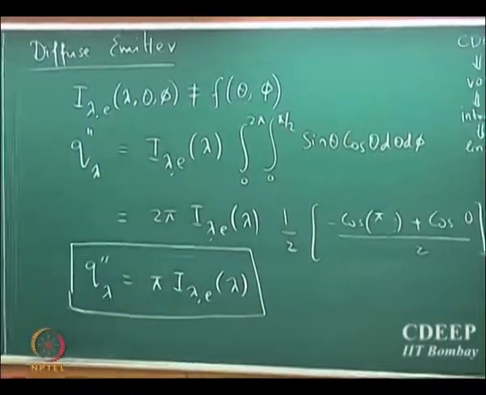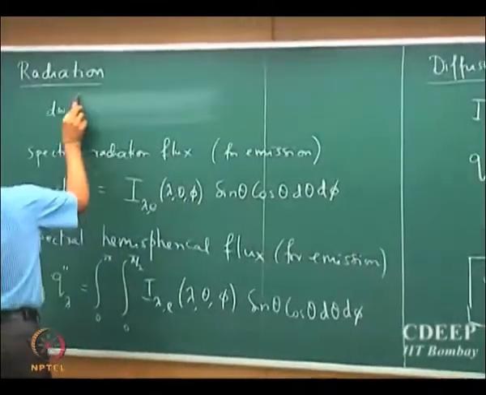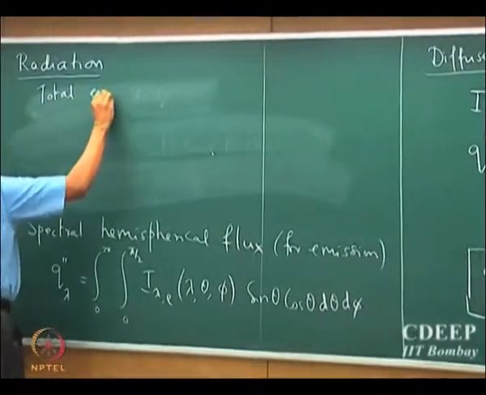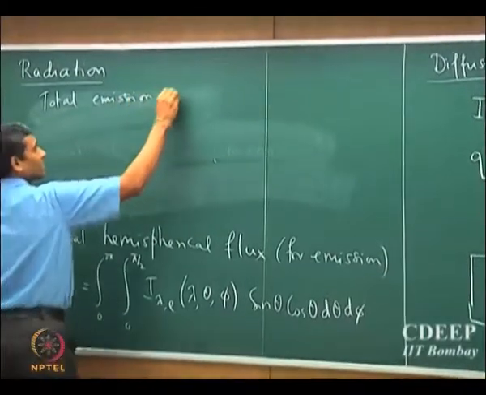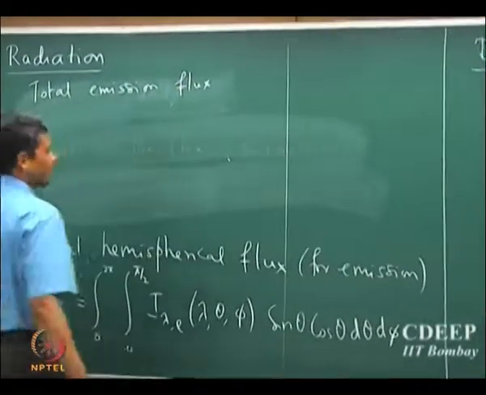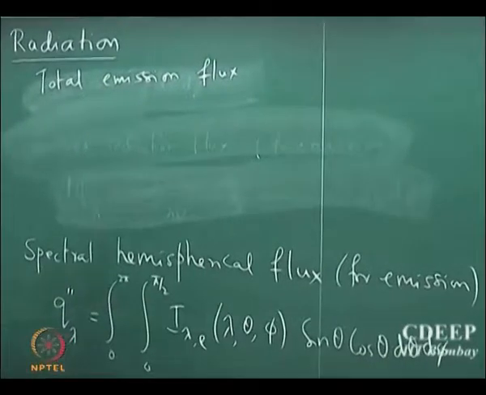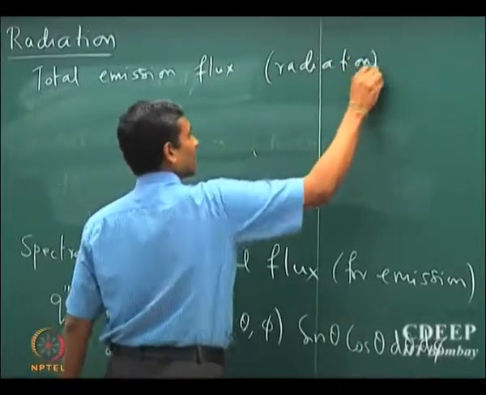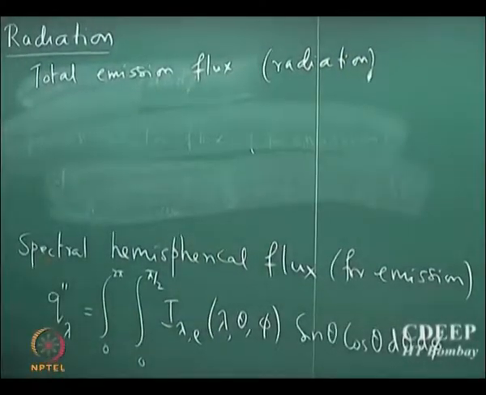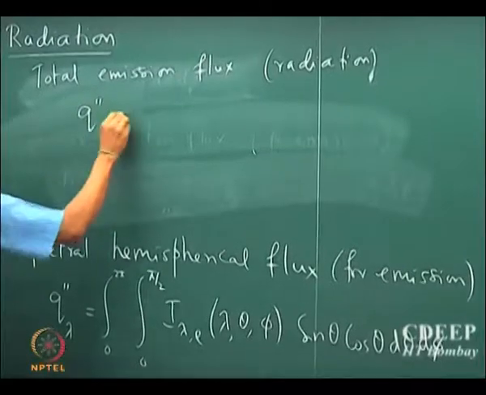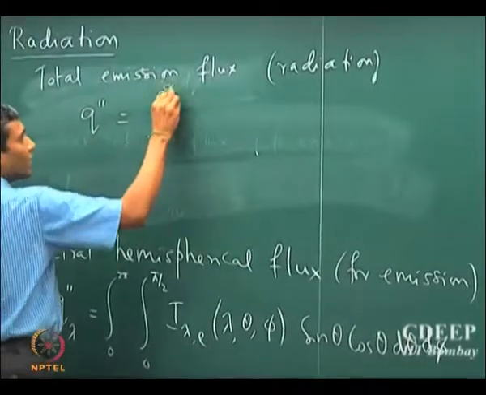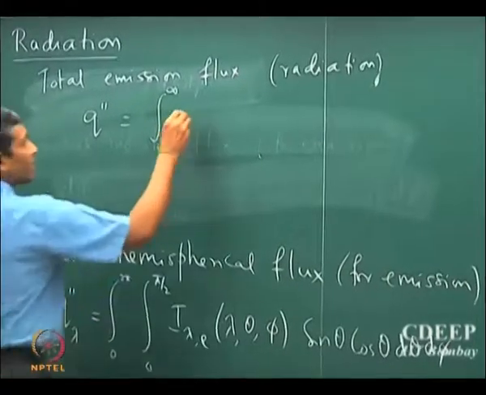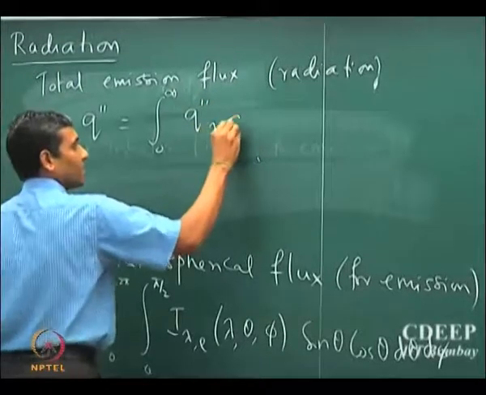So, similarly one could define what is called the total radiation flux or total emission flux. That is simply Q, which will be the integral over all lambda, the whole range of wavelengths that one can think of, d lambda.